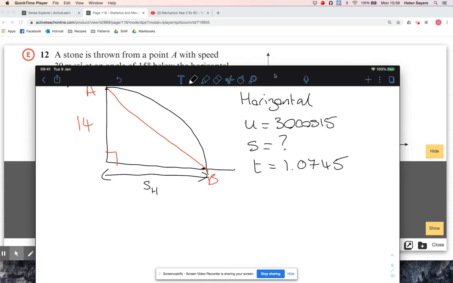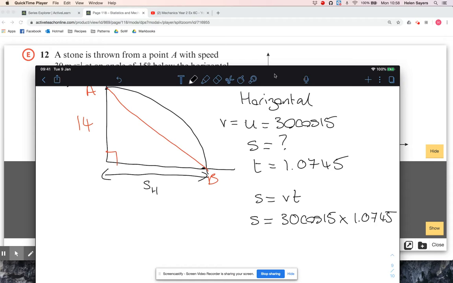So it's constant velocity, so v equals u. The velocity is 30 cos 15 at any point horizontally. So I can just use displacement is velocity times time. So its horizontal displacement is its horizontal velocity times time.